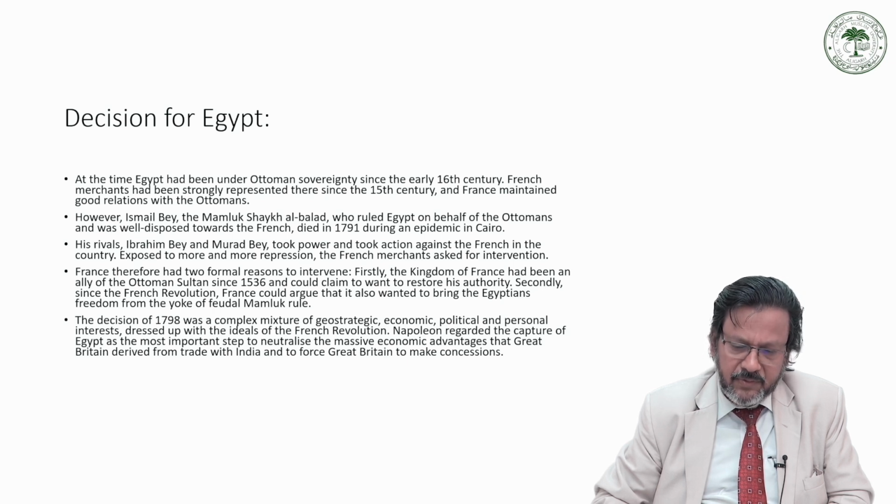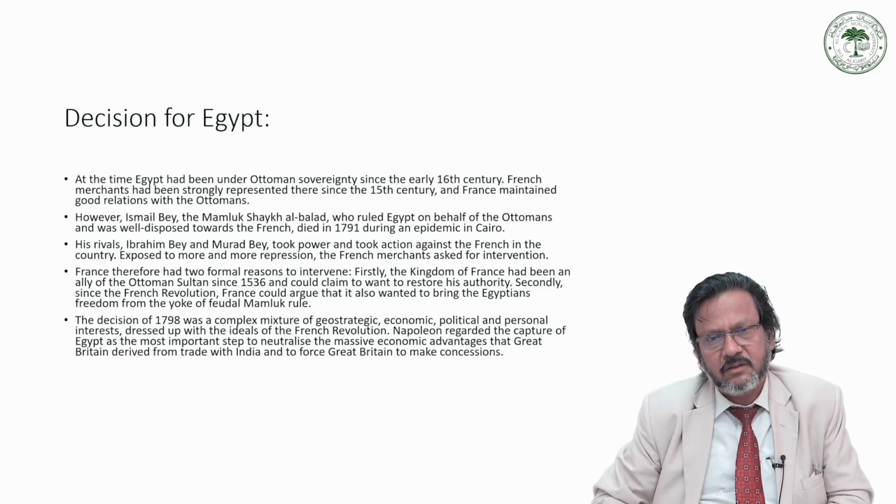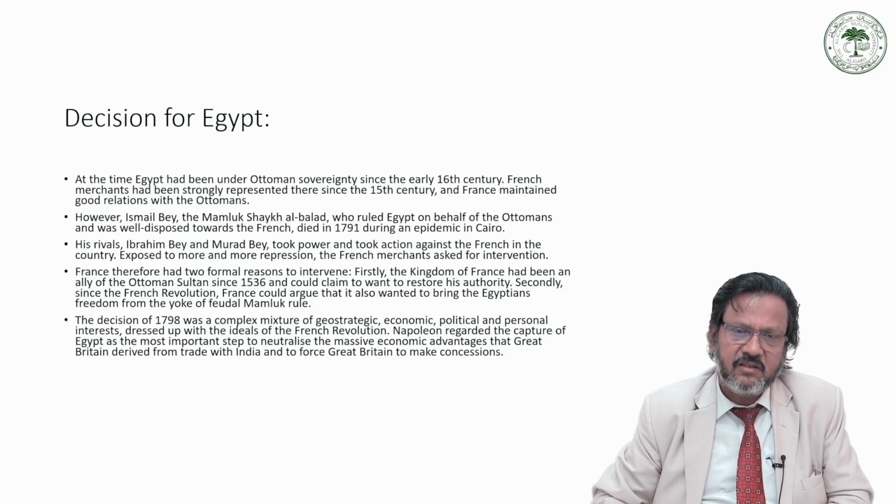Nothing was troubling the French or the Ottomans in terms of relations or foreign policy. But when Ibrahim Bey and Murad Bey took power and took actions against the French in the country, there were some petty matters which have been discussed by historians. There were some very small matters related to trade, like imbroglios, very small, localized cases.